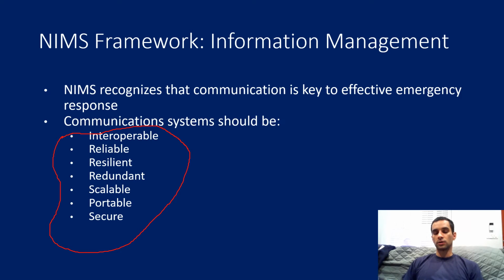So you really want a good set of sturdy radios that you can use for these communications. Now, there are other communications that could be used. More and more cell phones are getting used, but by and large, radios still remain the mainstay of this. But whatever communication strategy you use, it should try to have as many of these characteristics as possible.